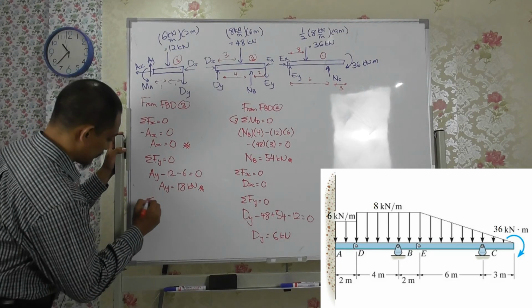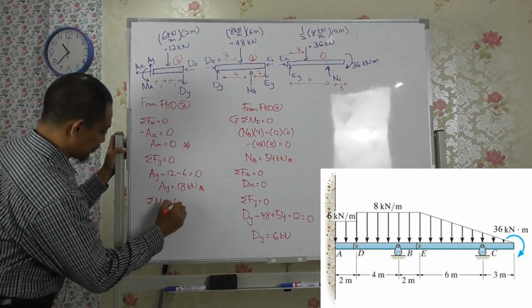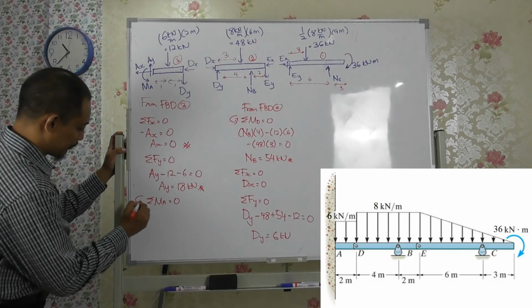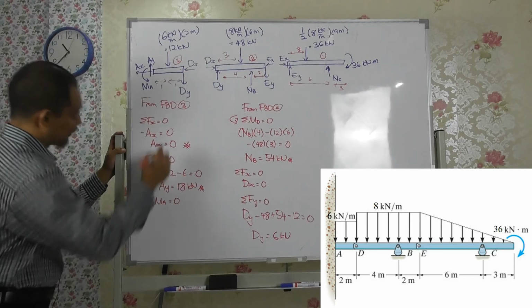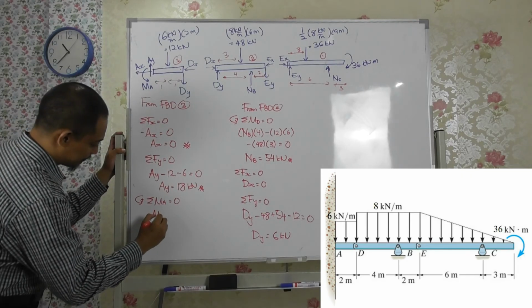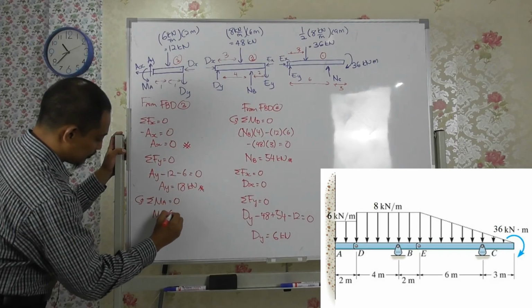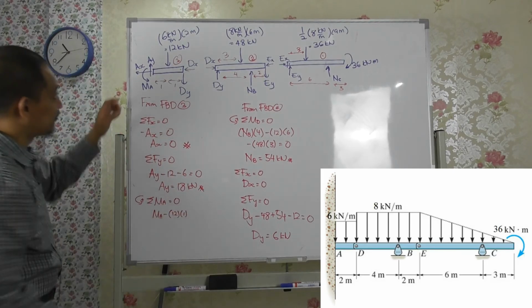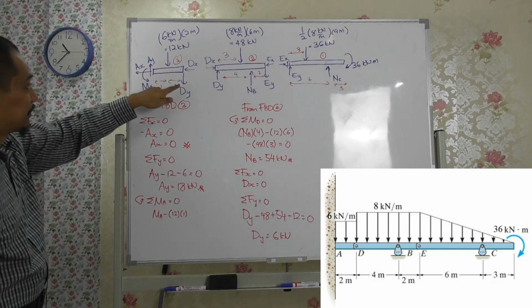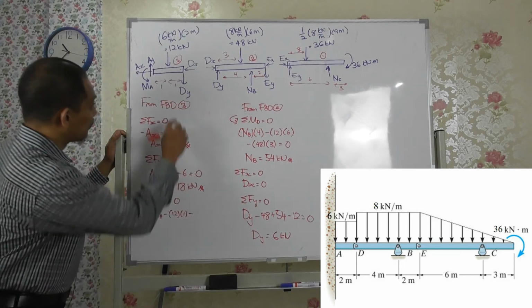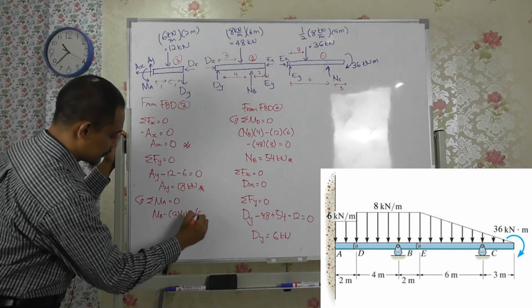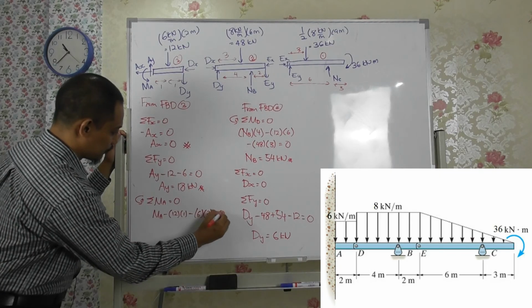And then if you take summation of moment about point A equal to 0, then if you take counterclockwise, of course, because I assume counterclockwise, so MA, and then minus 12 times 1 from this one, 12 times 1, and then also minus Dy is what? 6 times 2 equal to 0, right?